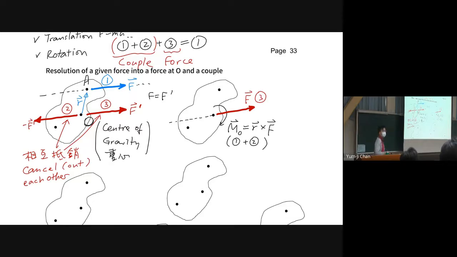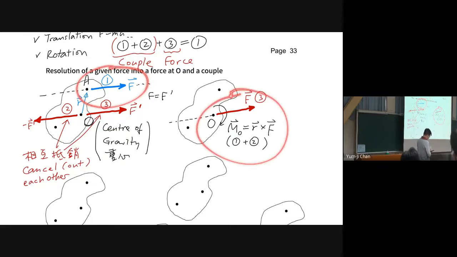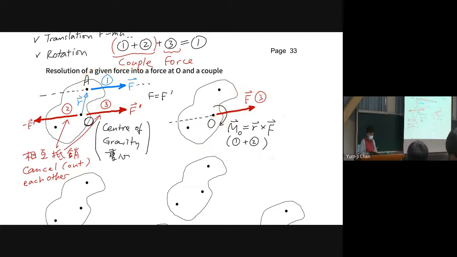So it's sort of like magic: originally we have one force acting on point A. But if we look at everything from the center of gravity O, we have one force and a moment here. We have a force and we have a moment.